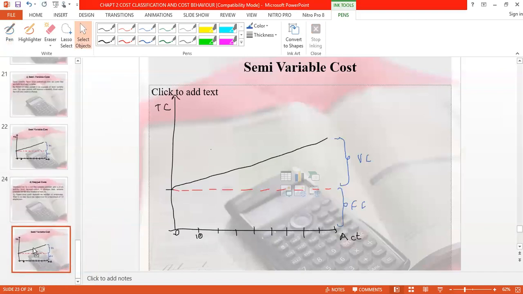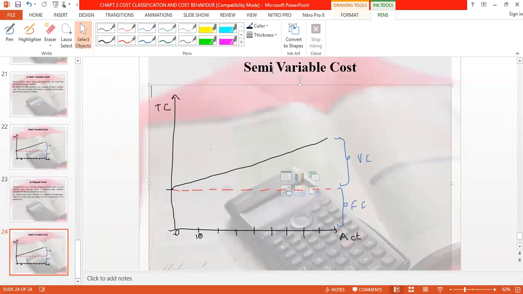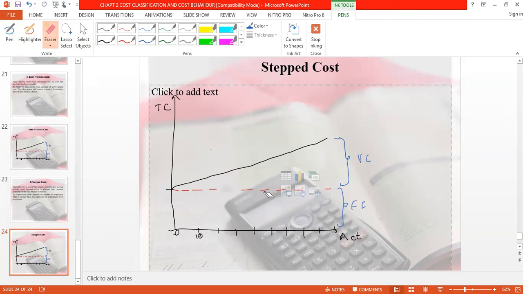I'll duplicate lastly. There is what is called stepped costs. Stepped cost looks like this. I'm just rubbing this first.